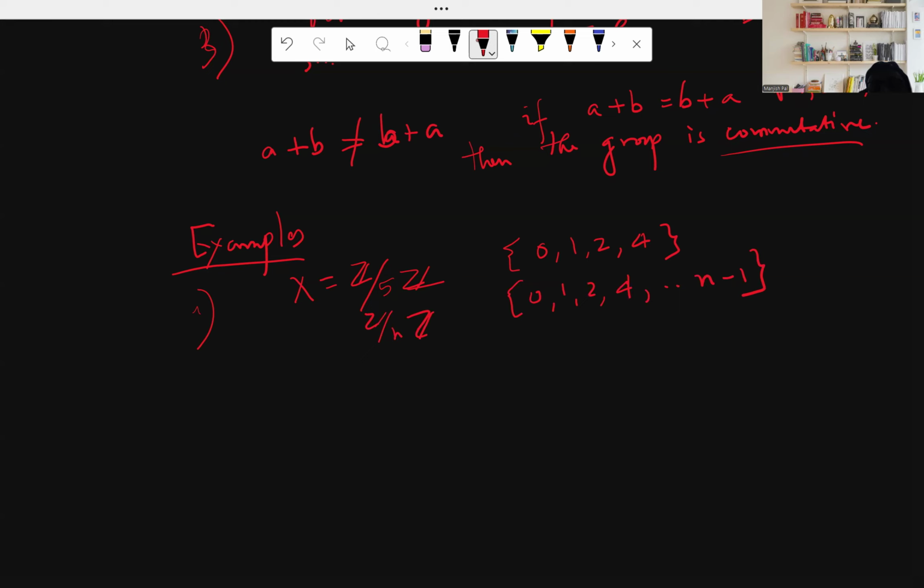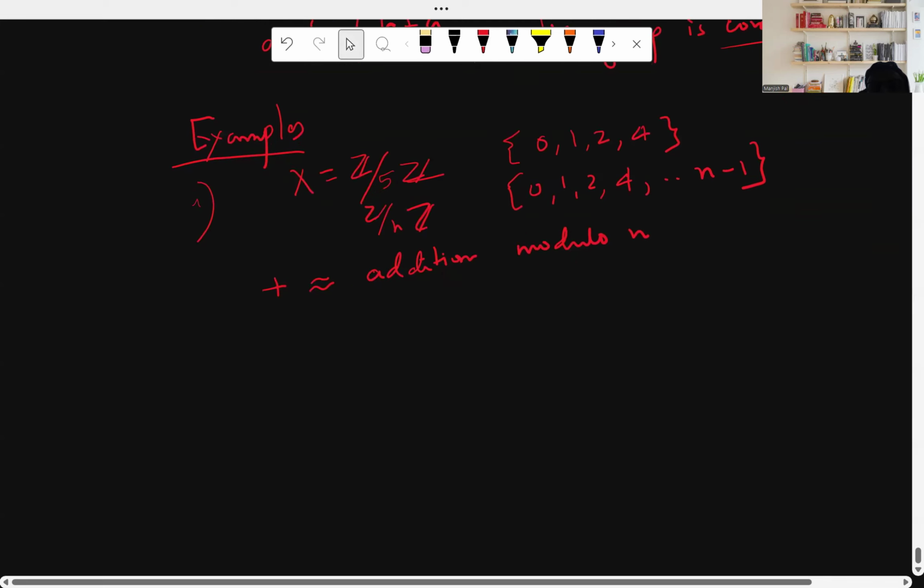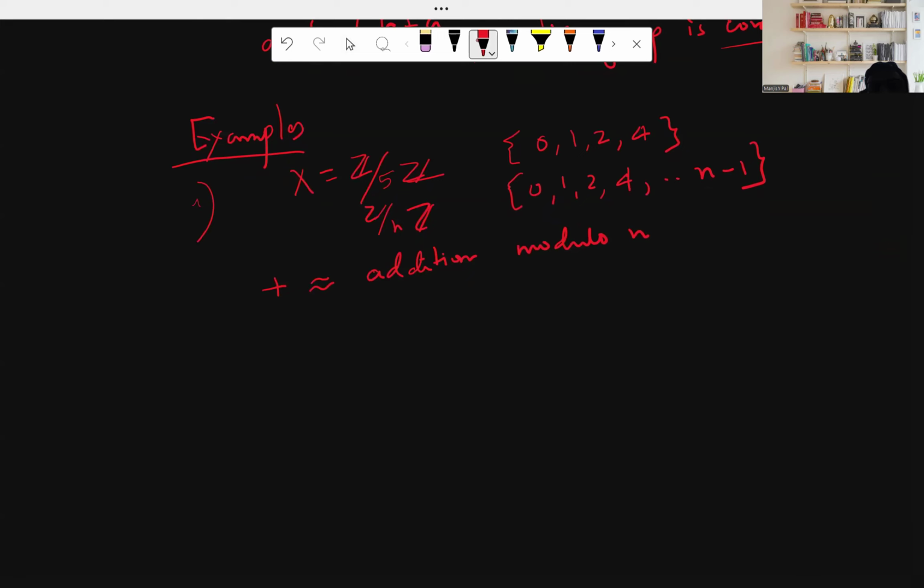And if we define the plus operation as addition modulo n, basically I have X as this set, and we can have addition modulo n.